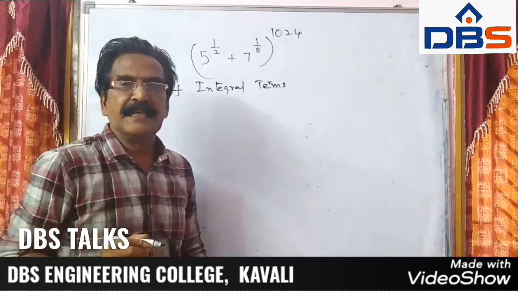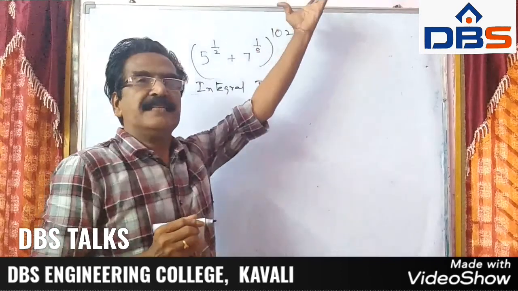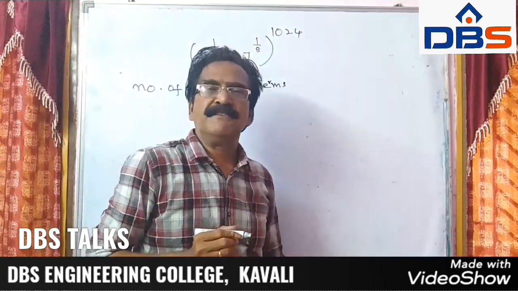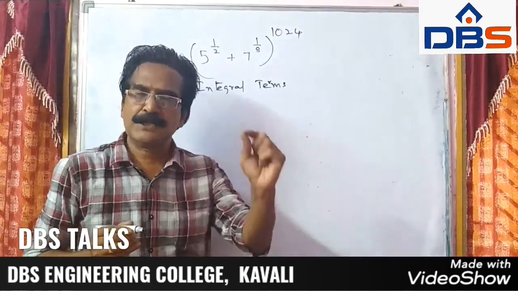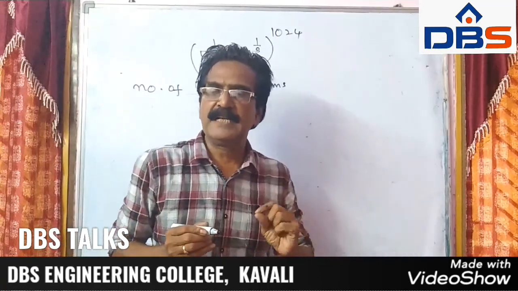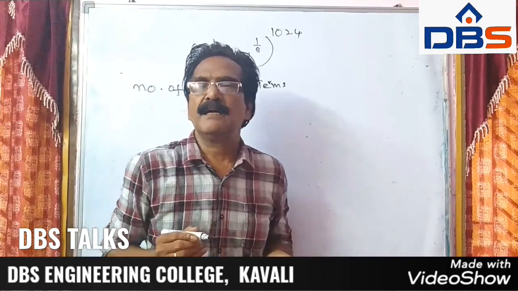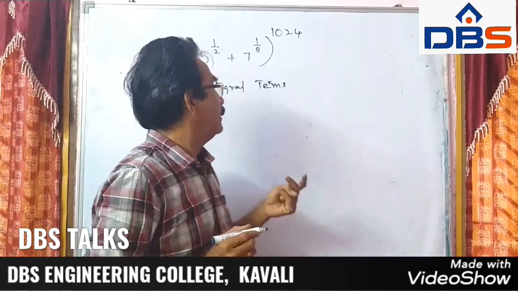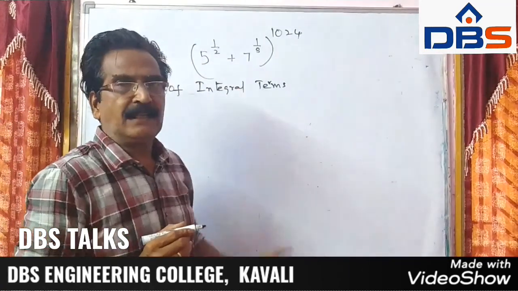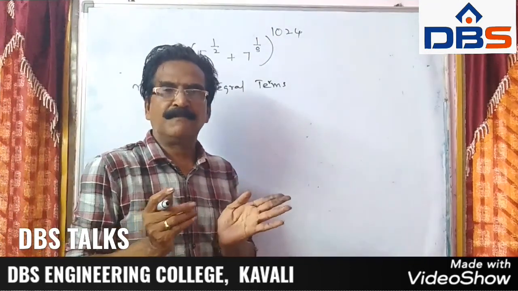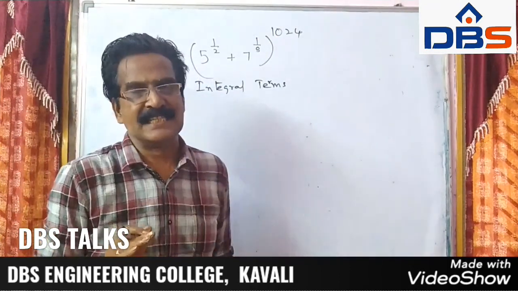To find the number of integral terms, we have a small shortcut, a smart way. By that way, you can quickly answer this question. The number of integral terms is the number of terms whose values are integers.